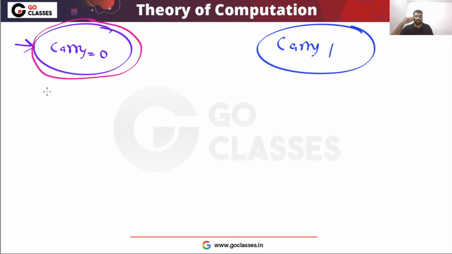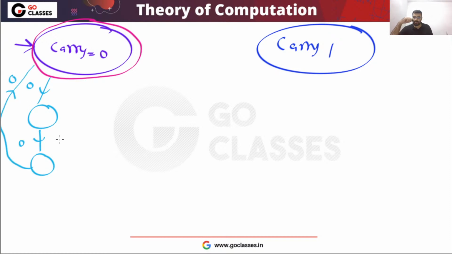Now what you can do very easily: in this carry 0 state, if 0 comes and the next symbol is also 0, then the next symbol must be 0.